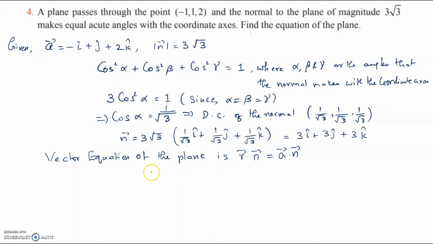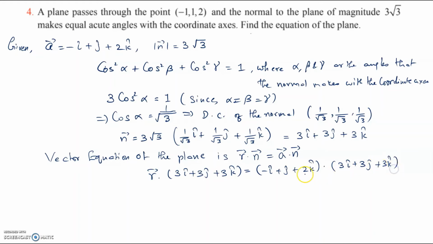So substituting the values, you get r vector dot product with 3 i cap plus 3 j cap plus 3 k cap is equal to vector A, which is given by minus i cap plus j cap plus 2 k cap, dot product with 3 i cap plus 3 j cap plus 3 k cap.